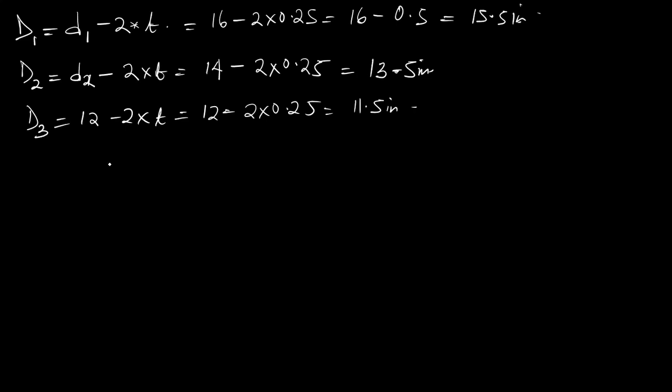Now, pipes in series. The diameters are not the same. So what we're going to do is to find the equivalent length. With these diameters, the first segment you have L1, D1.